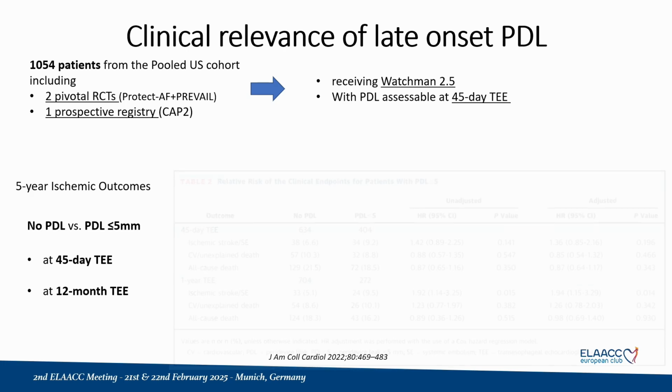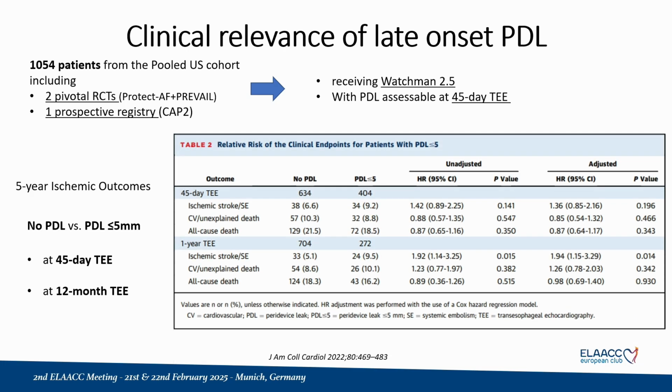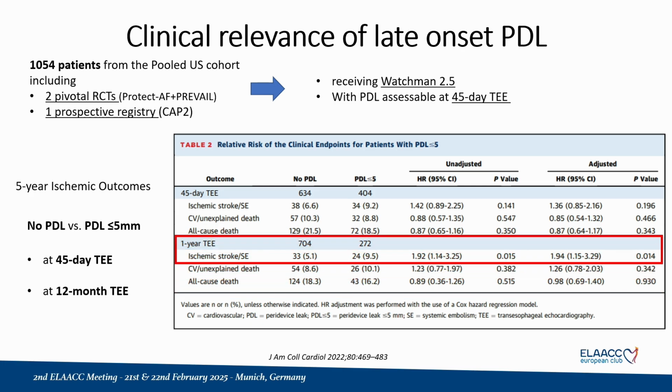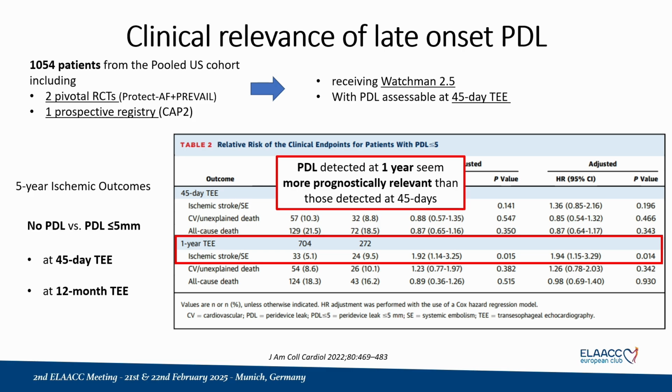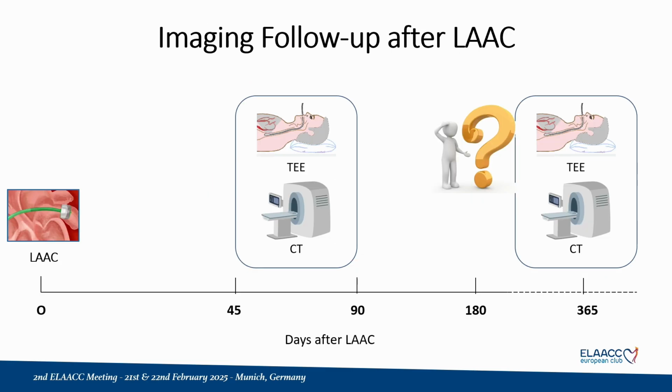The authors compared the 5-year ischemic outcomes in patients with versus those without a PDL, and observed that the thromboembolic events were higher in those patients with a non-significant PDL as compared to those without, but only at 1 year follow-up. So the PDL detected at 1 year seem more prognostically relevant than those detected at 45 days.